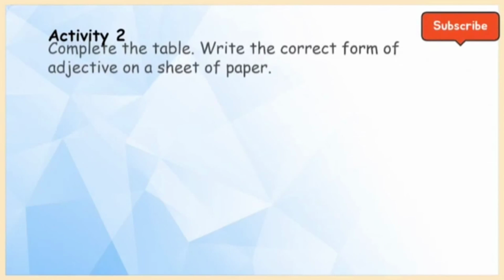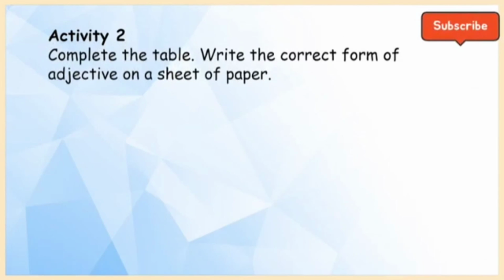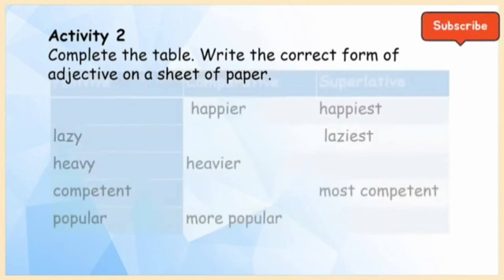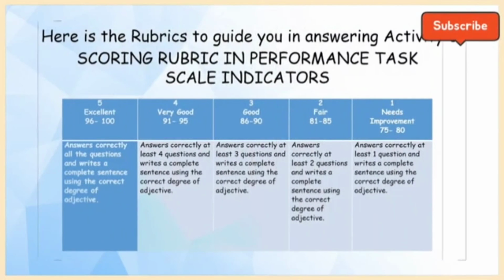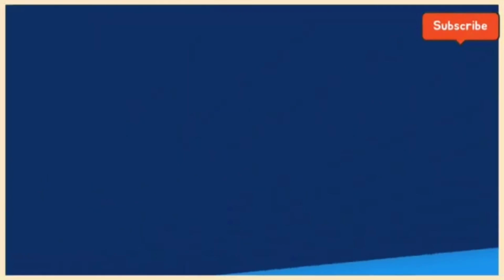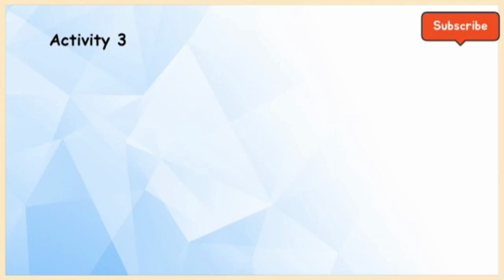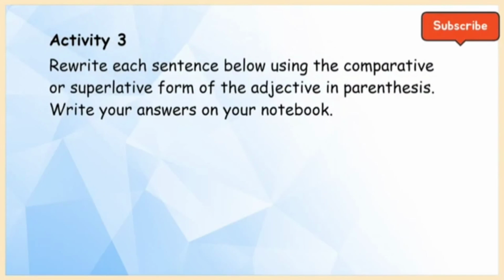Activity 2. Complete the table. Write the correct form of the adjective on a sheet of paper. Here is the rubrics to guide you in answering Activity 2. Activity 3. Rewrite each sentence below using the comparative or superlative form of the adjective in parentheses.